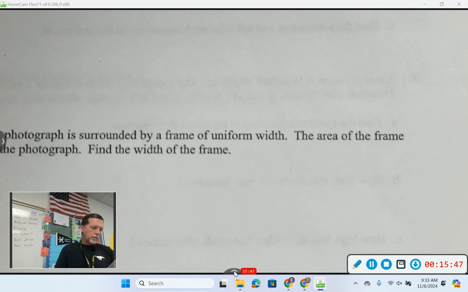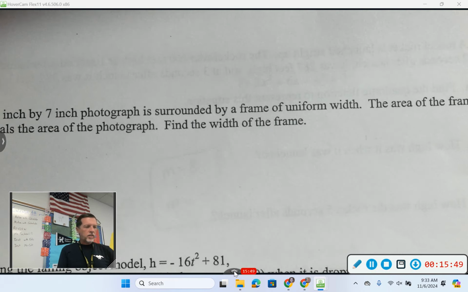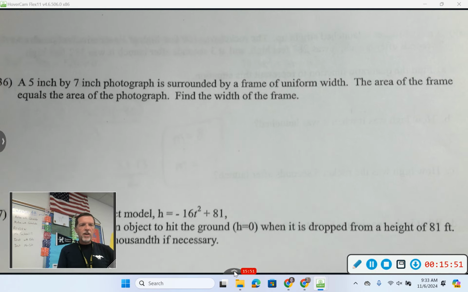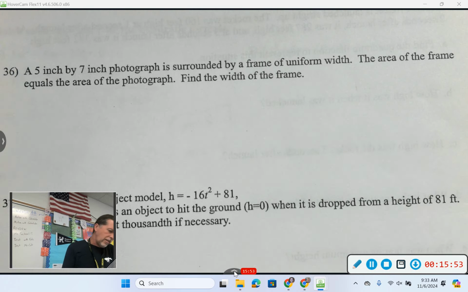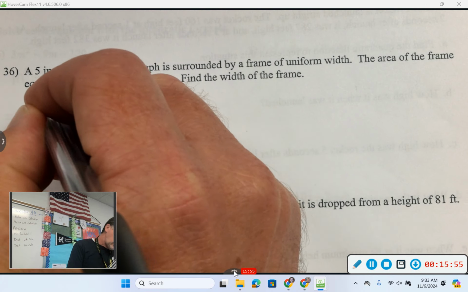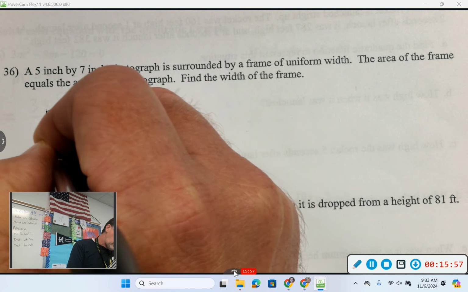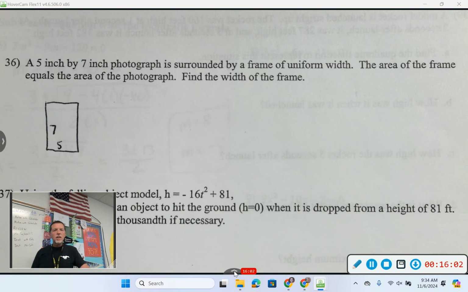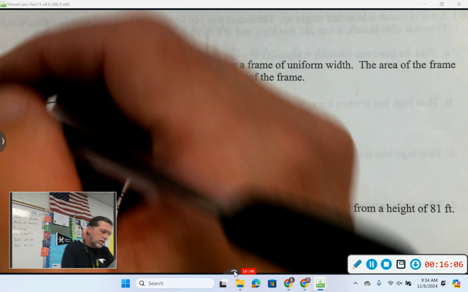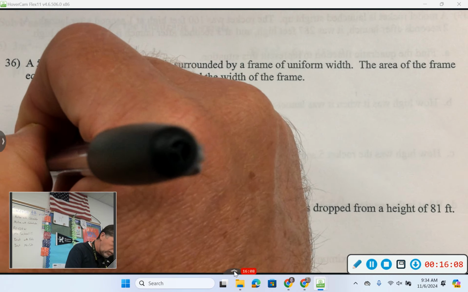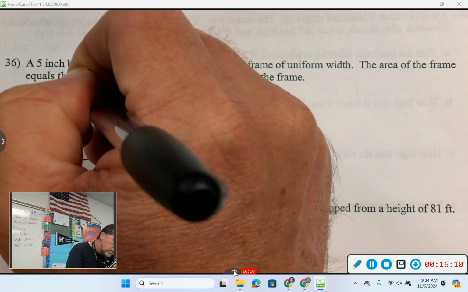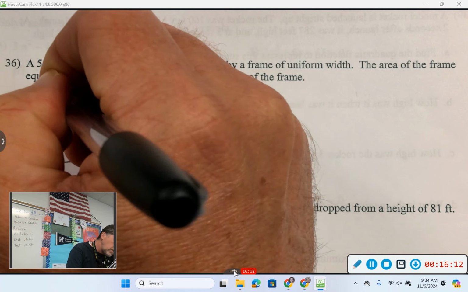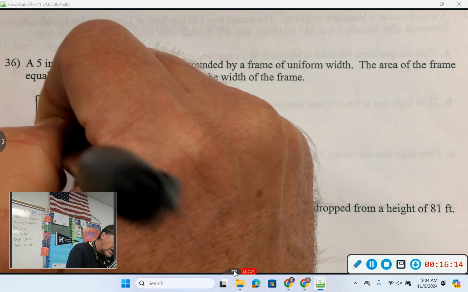Alright, some word problems. 36. A 5-inch by 7-inch photograph. It's kind of nice when they just start out with dimensions, so I know what my picture looks like. Is surrounded by a frame of uniform width. Okay, uniform width meaning it's x wide all the way around.